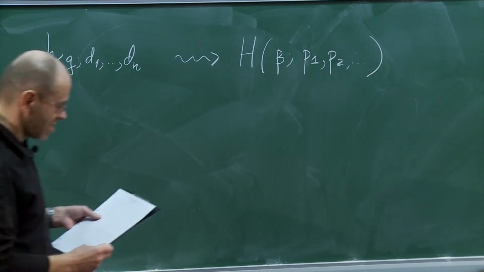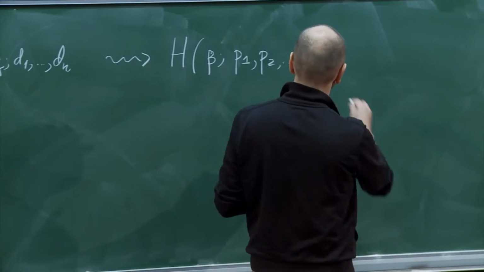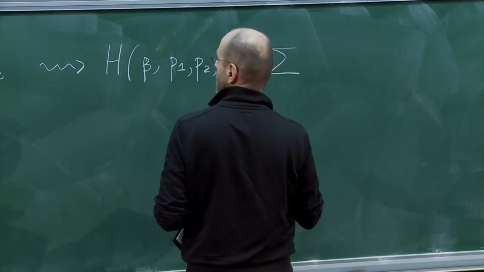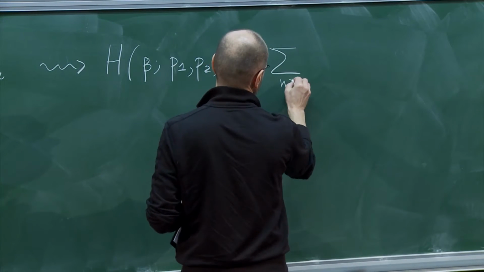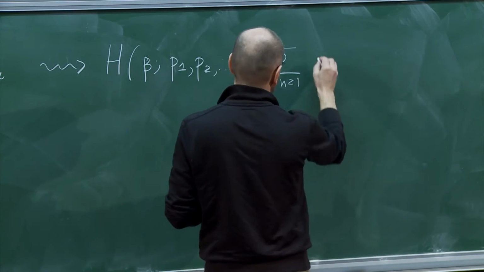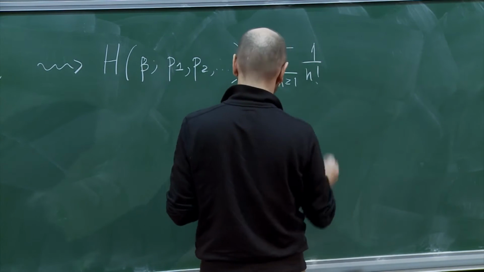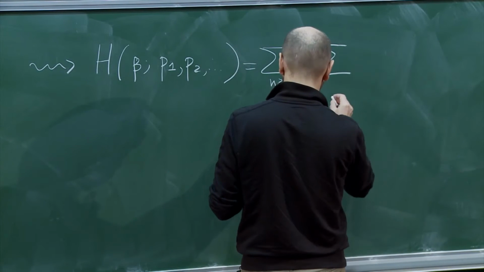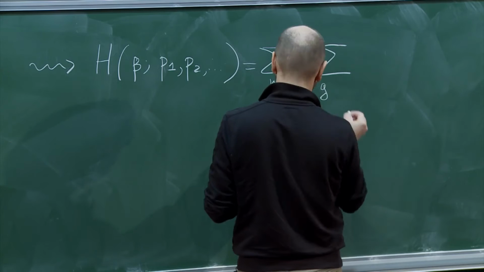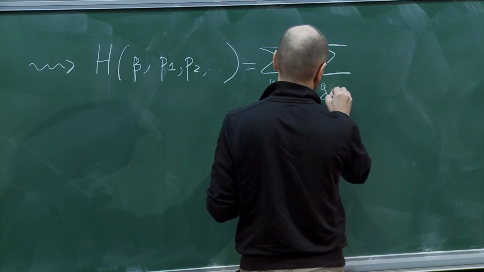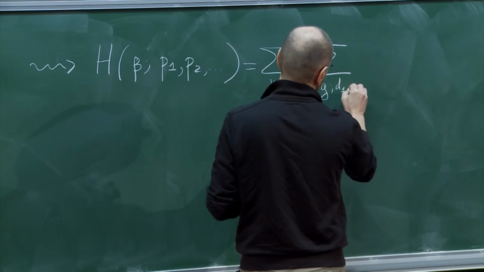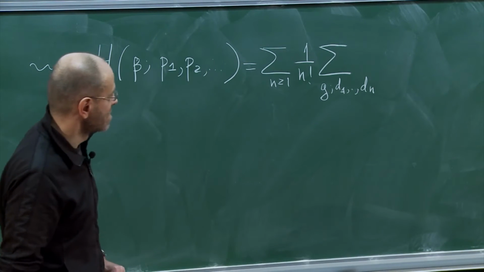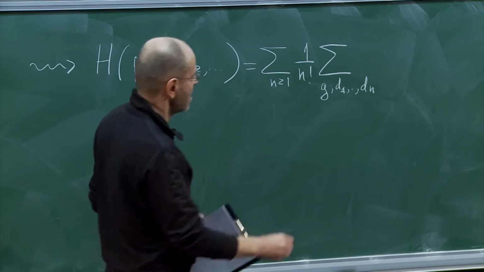And by definition, this generating series is the sum over all n, 1 over n factorial, sum over g, and all possible sets of non-negative numbers di.